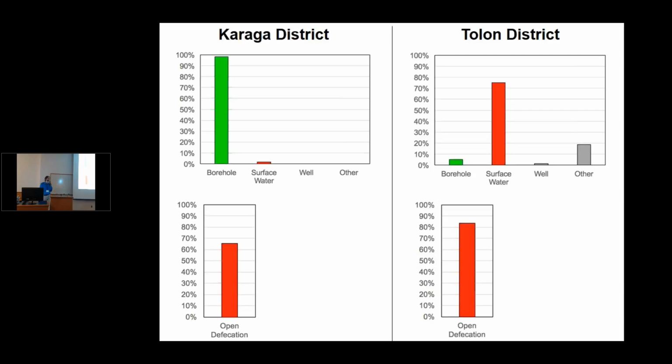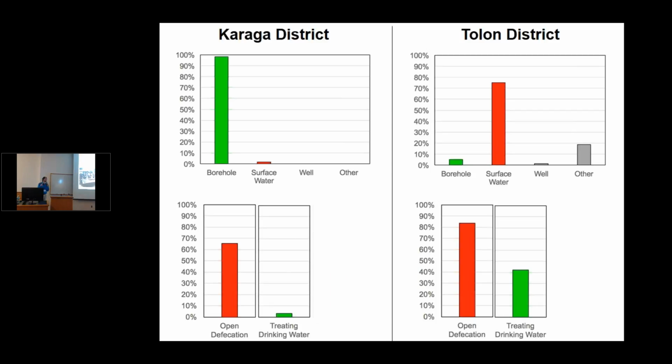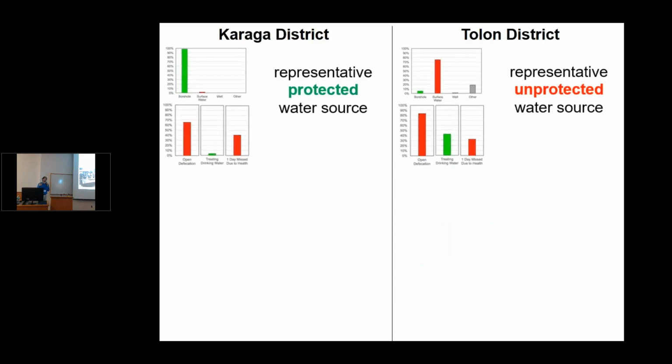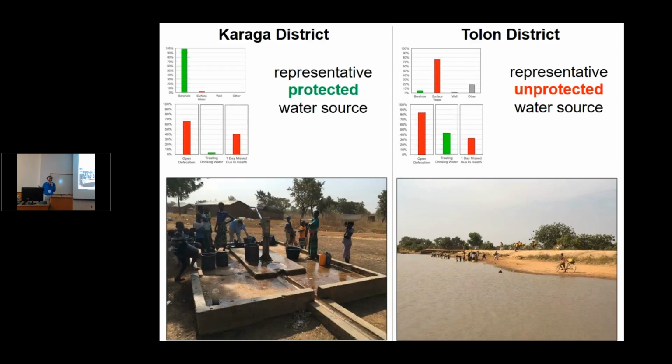In Talone district, where there's greater surface water use, there's also a greater level of household drinking water treatment. So we took these data and used them to think about Karaga district representing protected water sources, and Talone district representing unprotected water sources.